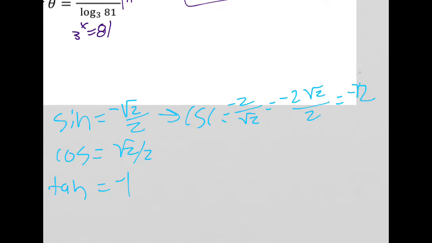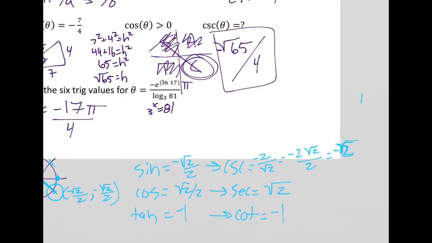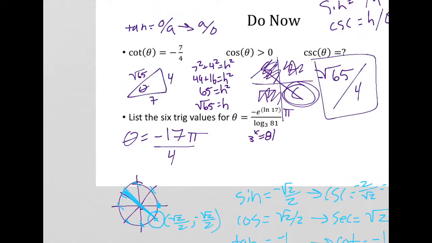No, negative root 2. Sorry, it's getting later and later. Okay, well then the reciprocal of cosine is secant, and in a similar fashion, I'm going to get root 2 again, this time positive. And the reciprocal of tan is cotan, and the reciprocal of negative 1 is also negative 1. So I got my 6 values just like that. Zibbity-doo-dah.